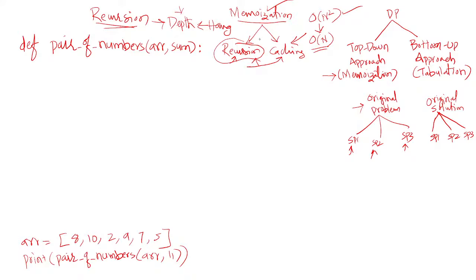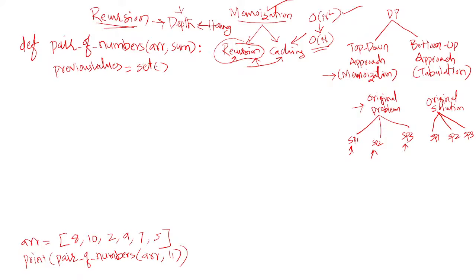Here we need to store the previously calculated values. So I store something like previous values, and I store these in a set, because duplicate values may be present in your array.